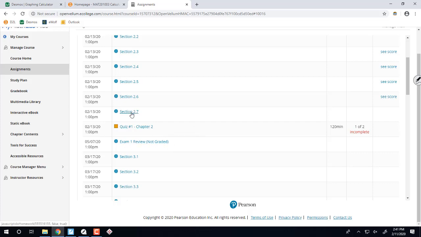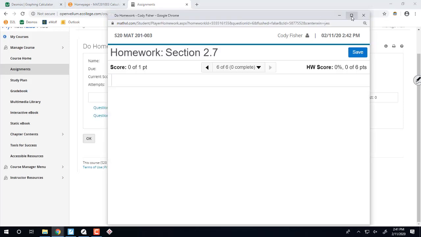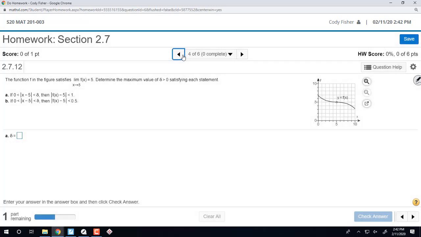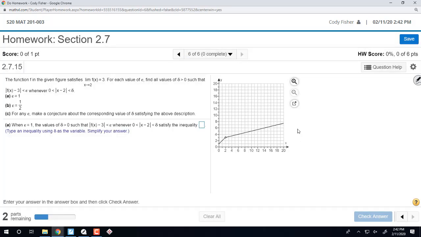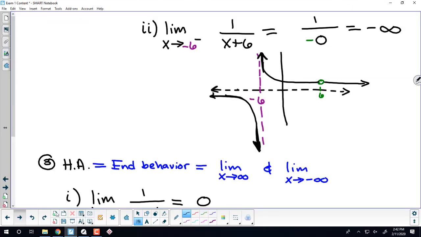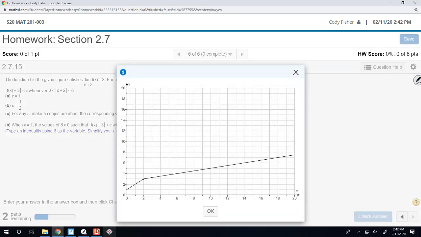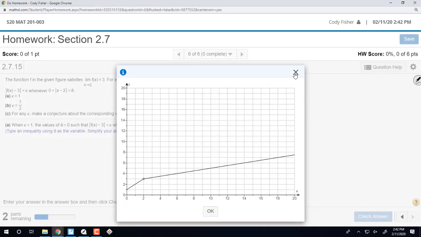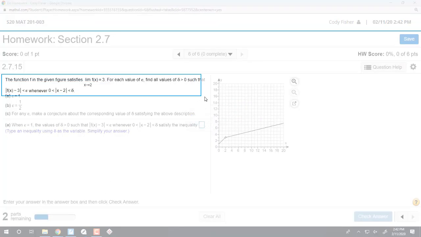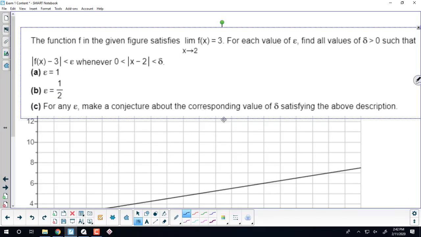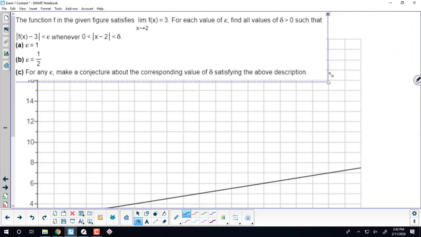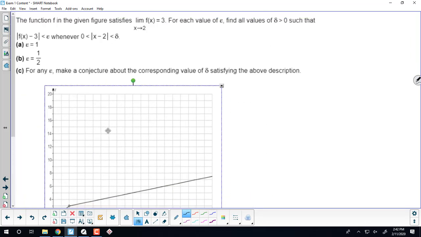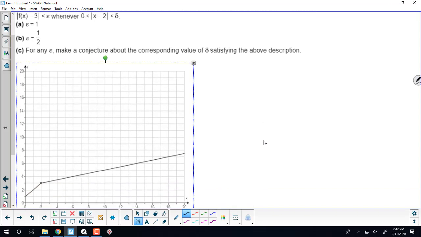Those are just additional practice problems, more or less. Let's go with this one. I guess that'll be okay.